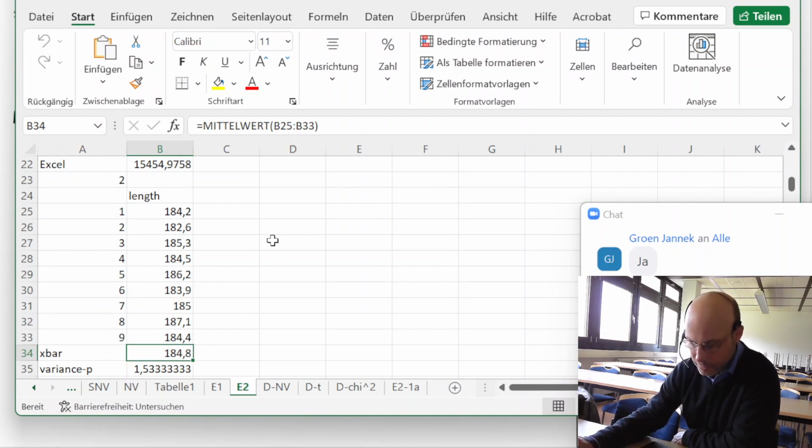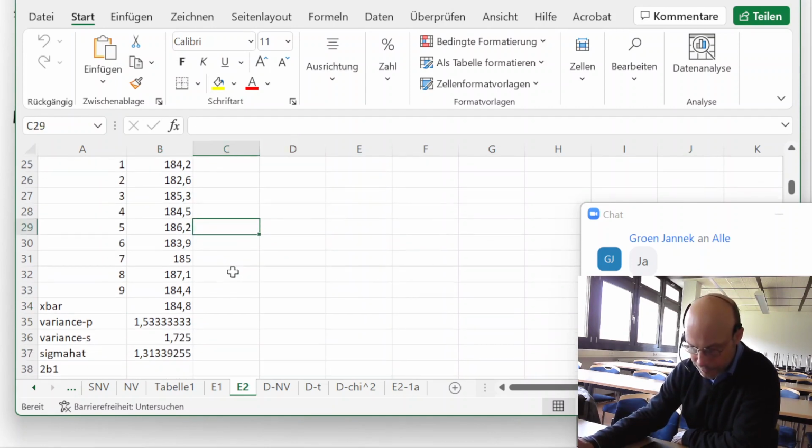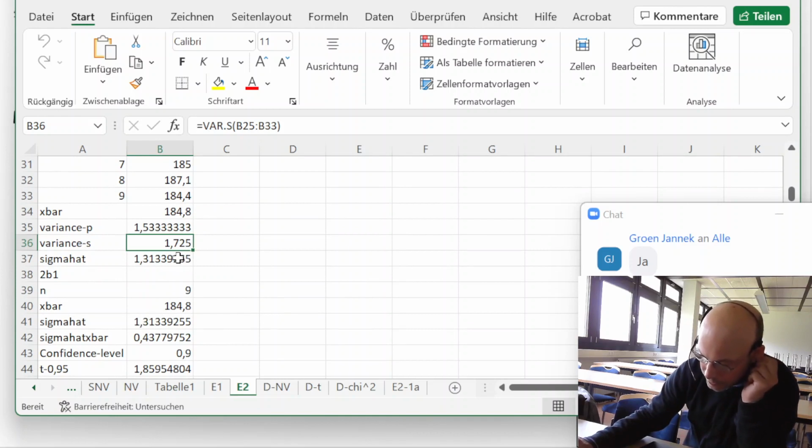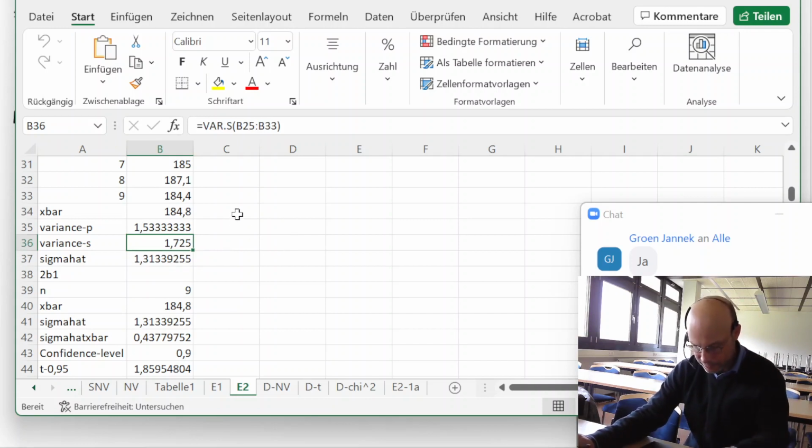This I have also done here, that our variance is, oops, which one did we have? 1.725.